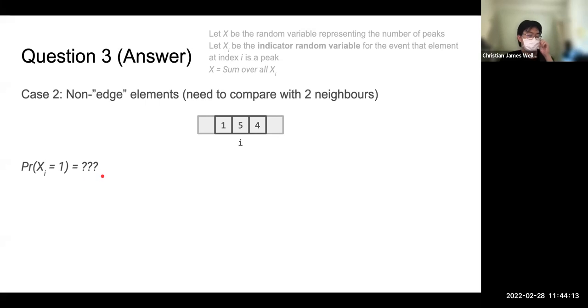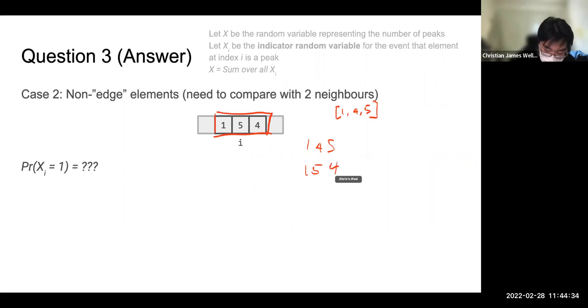Okay, so now let us study this. Say you have this array with elements 1, 4, 5. What are all the possibilities? You just focus on this subarray. What are all the possible permutations? It's 1, 4, 5. It's 1, 5, 4. It's 4, 1, 5, 4, 5, 1, 5, 1, 4, and 5, 4, 1.